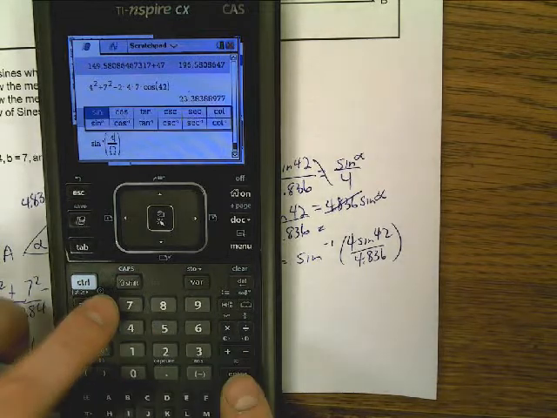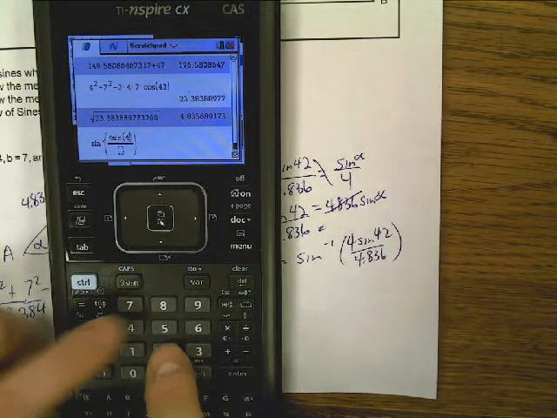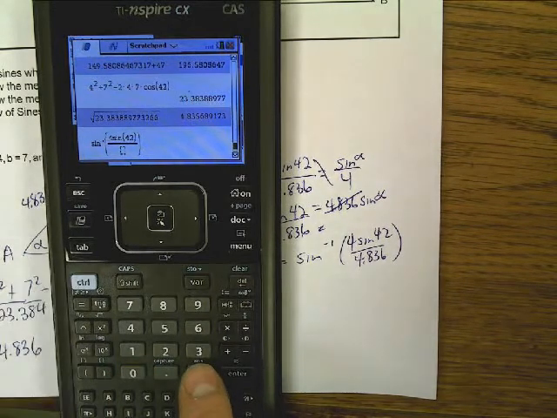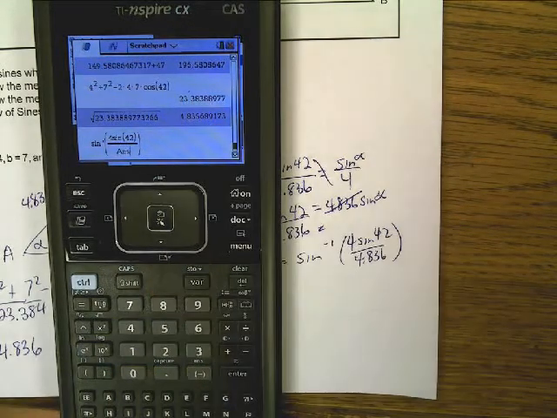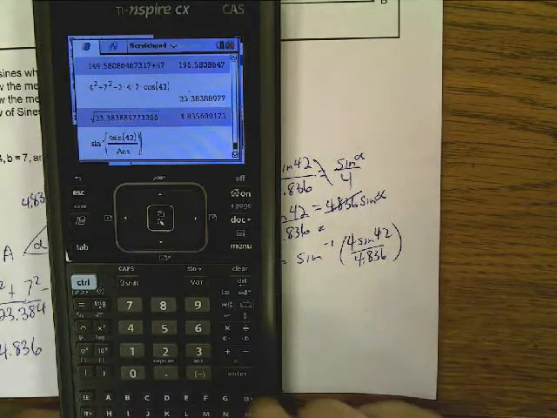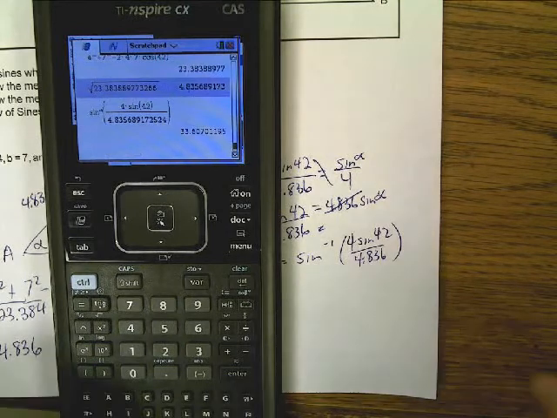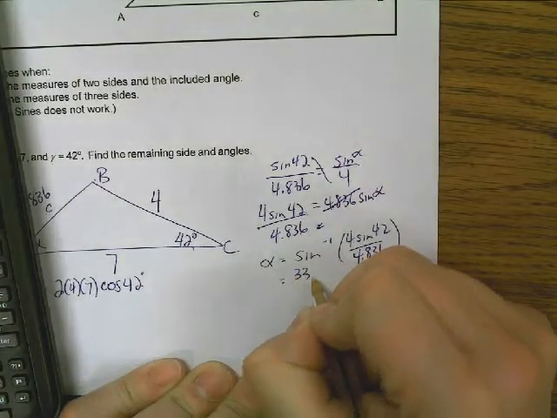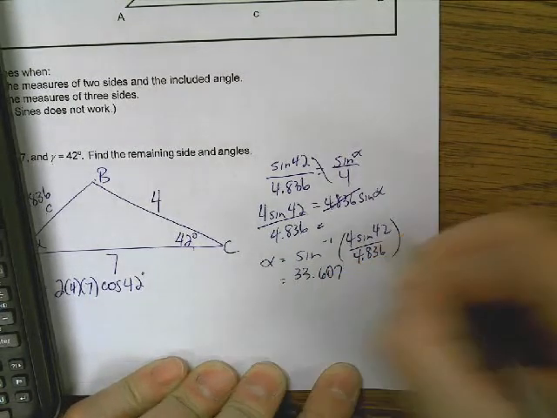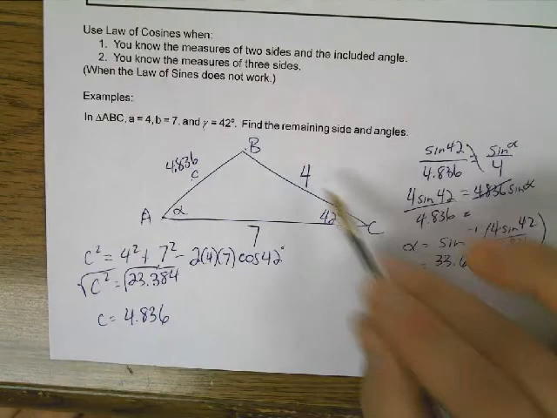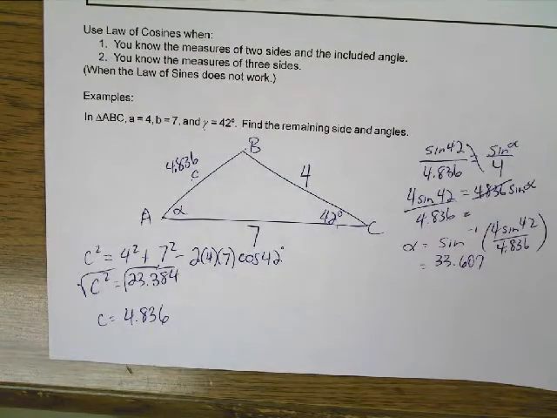And 4 trig sine 42 over, I'm going to do control negative, which is the very last answer, which is that 4.836. And we get our answer. So I get 33.607.